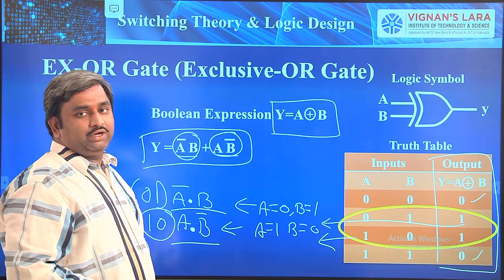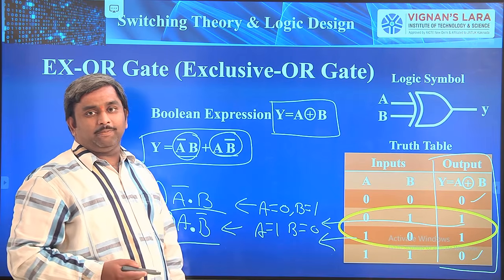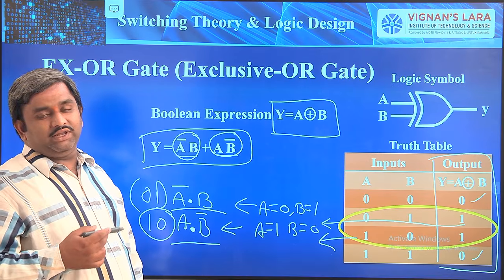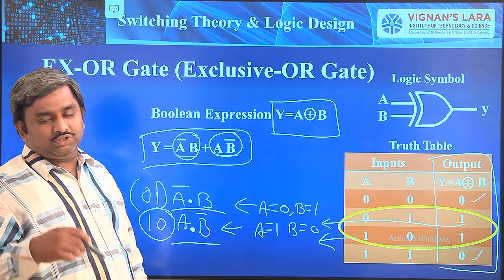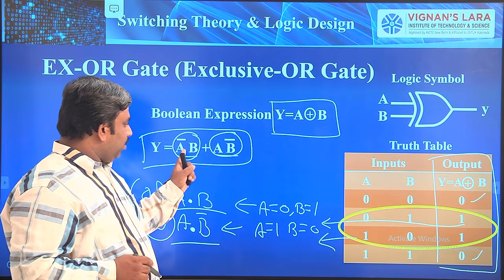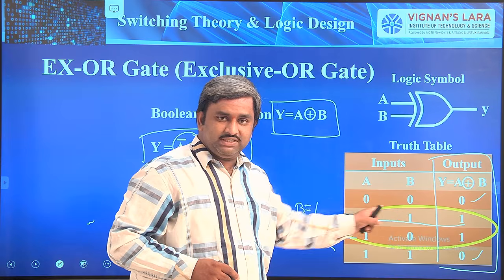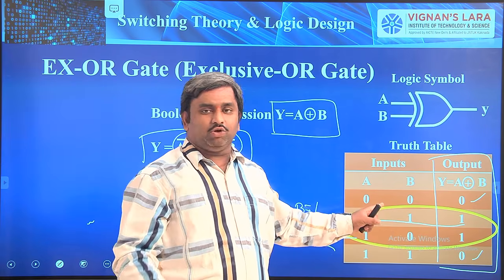Generally, in the field we represent with bar and without bar. If you represent with bar, the value of the signal is equal to logic 0. If it is A or B or C in its original form, then the value is equal to 1. In between these two values must be the 0-1 combination. This is a must: A is equal to 0, B is equal to 1. These two values should be the same like that only, then only you will get 1.